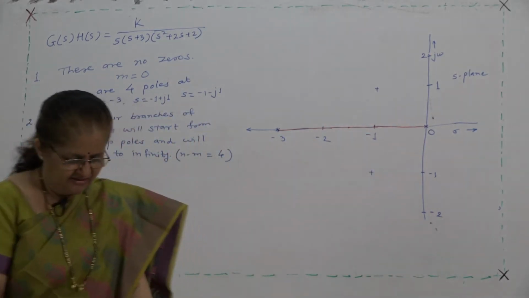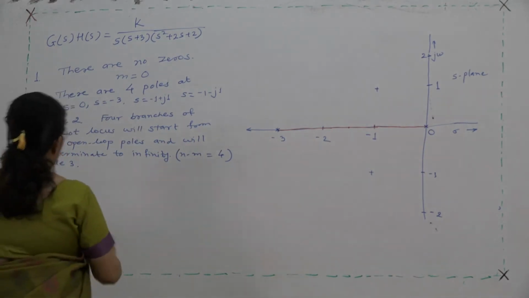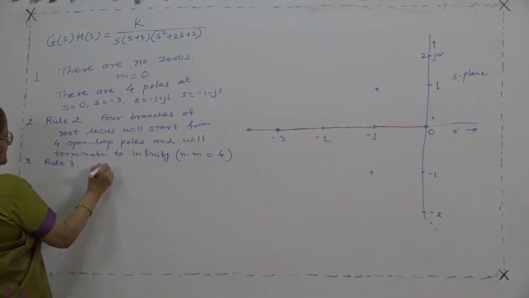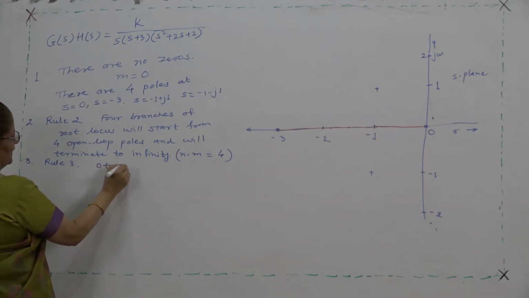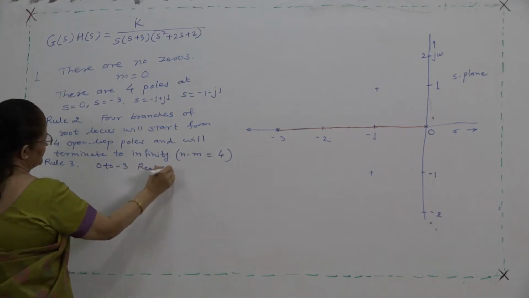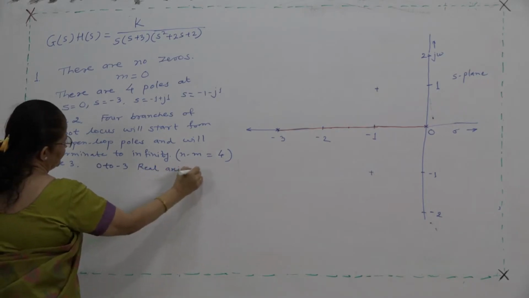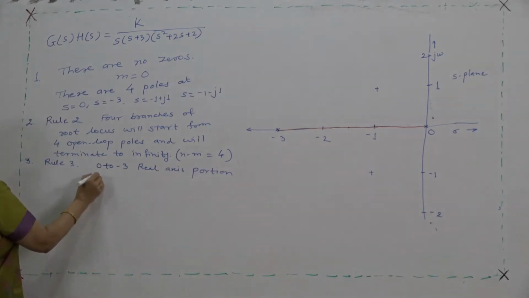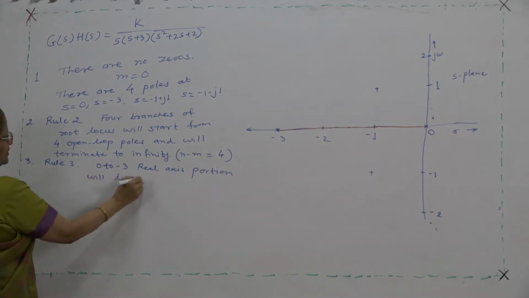So that thing you have to write here. As per rule 3, the 0 to -3 real axis portion will lie on root locus.